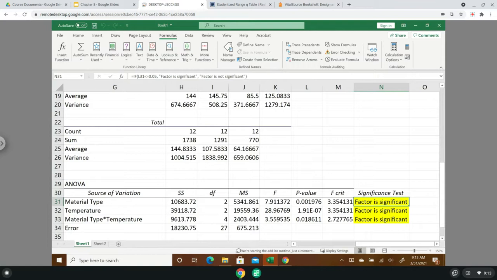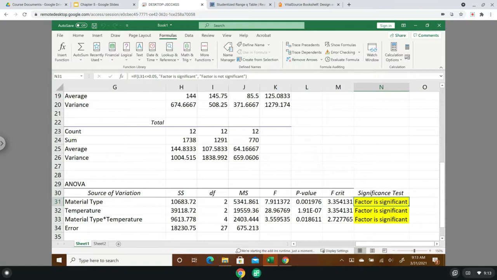There are differences, but we don't know which material types are different. The ANOVA table only told us that there are inequalities, right? That means one or more material types are different from each other in terms of their impact on the battery life. But it did not tell us which specific ones are different from each other, or which material types have no differences.